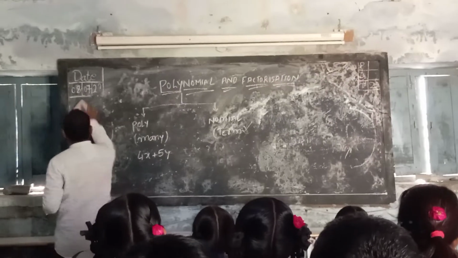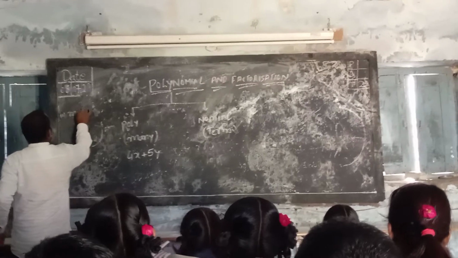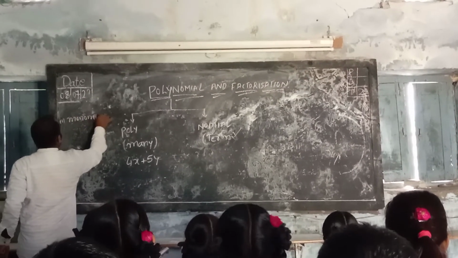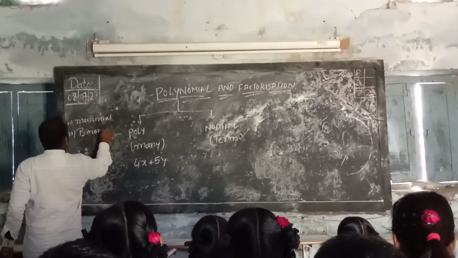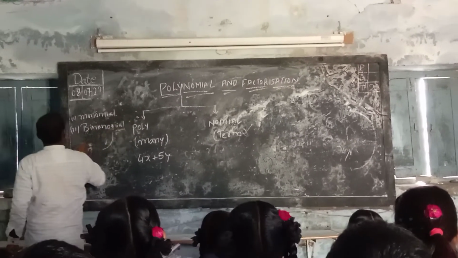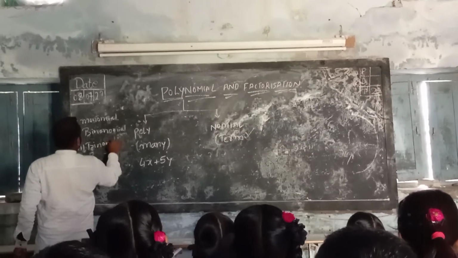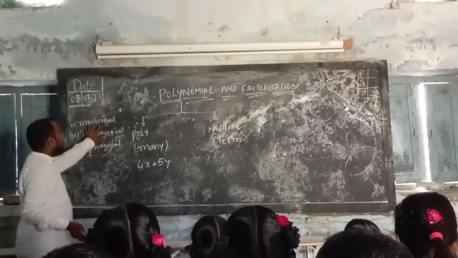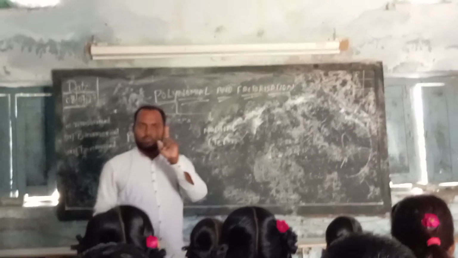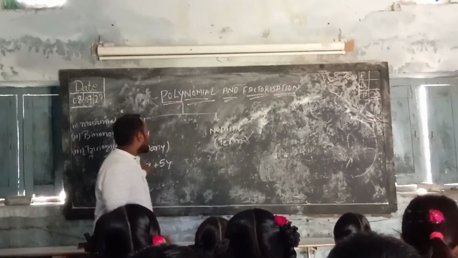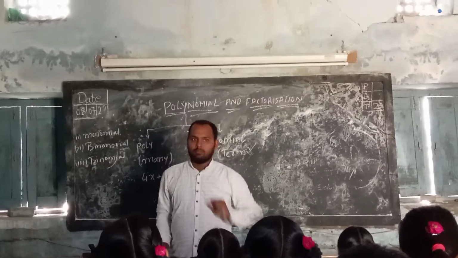First one, monomial. Second one, binomial. Then trinomial. Monomial means single: if we are talking about terms, a single term is said to be a monomial.